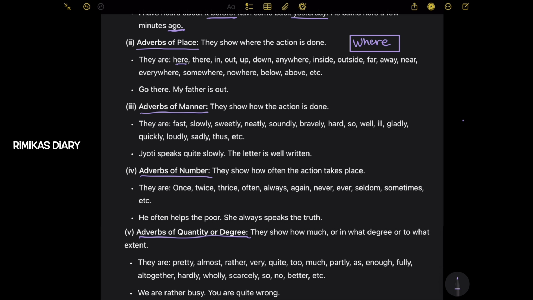They are here, there, in, out, up, down, anywhere, inside, outside, far, away, near, everywhere, somewhere, nowhere, below, about, etc. So go there. Here, there is the adverb of place. My father is out. Here, out is the adverb of place.